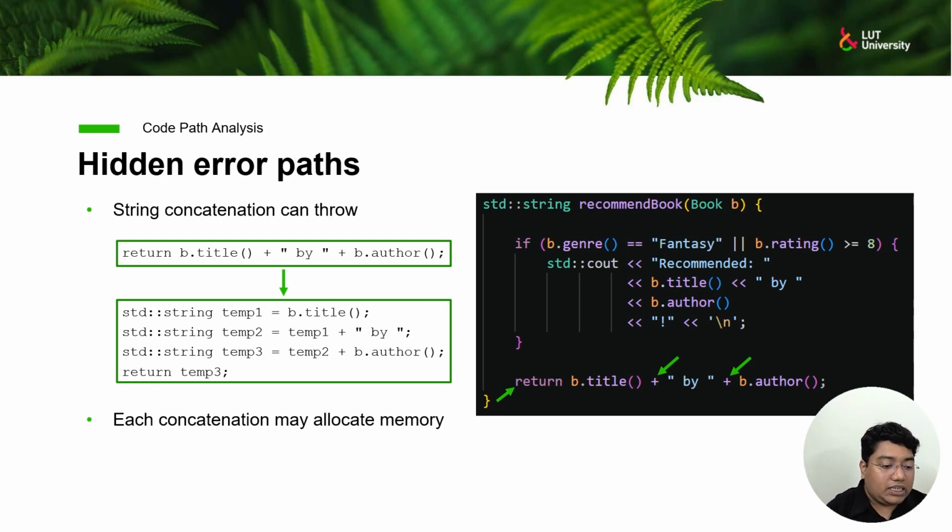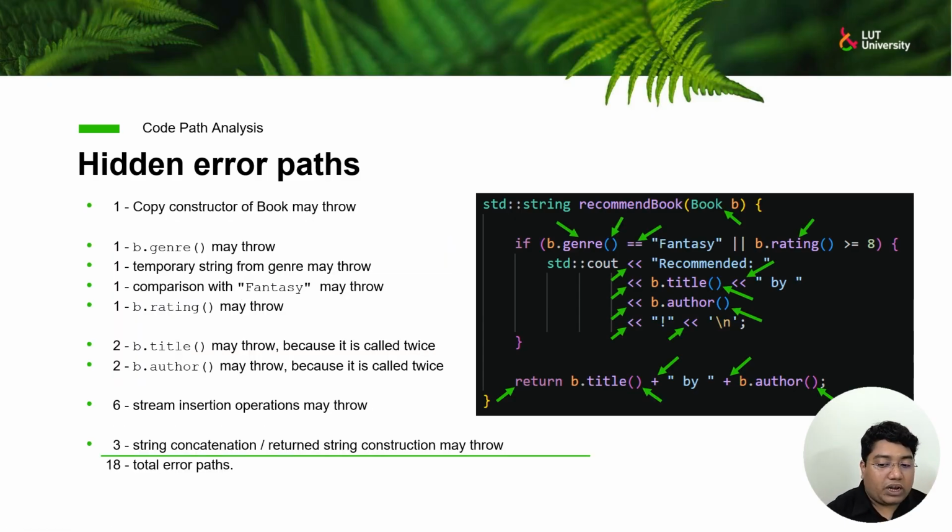Each concatenation may allocate memory. Each allocation is another place where an exception might occur. The compiler hides all of that work for us, which makes the code easier to read. But the hidden work is still happening.